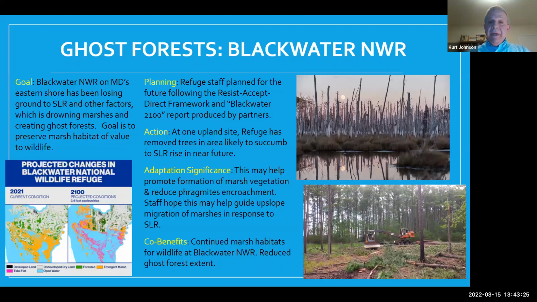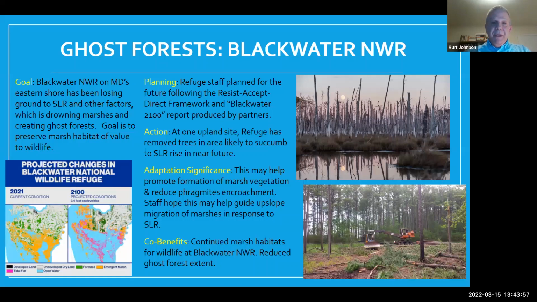And they decided on a whole suite of adaptation actions, but the one I wanted to focus on was actually a case of, I guess, reverse forest adaptation. This was in an area that's going to be inundated by the sea in the near future, and the refuge has actually gone in to remove trees from this area to facilitate marsh migration into this and to reduce the encroachment of Phragmites, the invasive plant species.